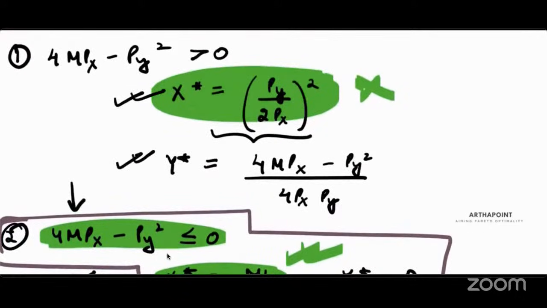They solve for x and y, but they do not take into consideration that the numerator of y can be negative also, in which case you will not consume y at all and y will become 0. And when y will be 0, then x will not be this, but more than this. You will spend your entire income on x. So x will be m by px and not py by 2px whole square.